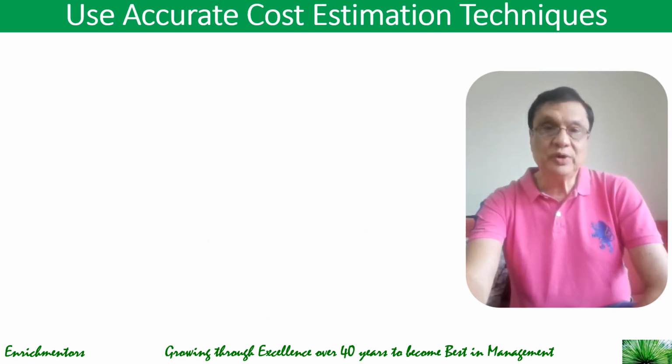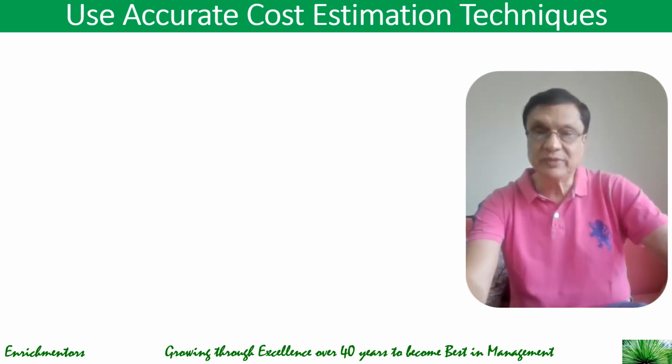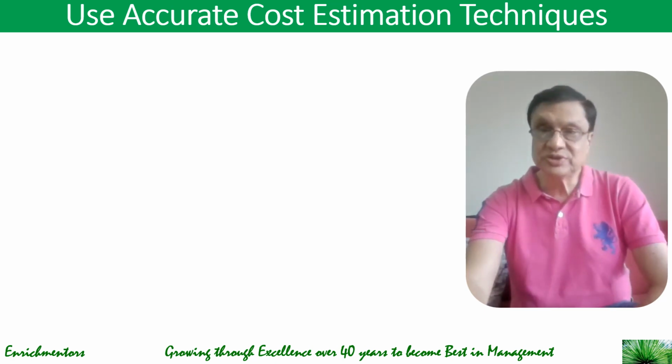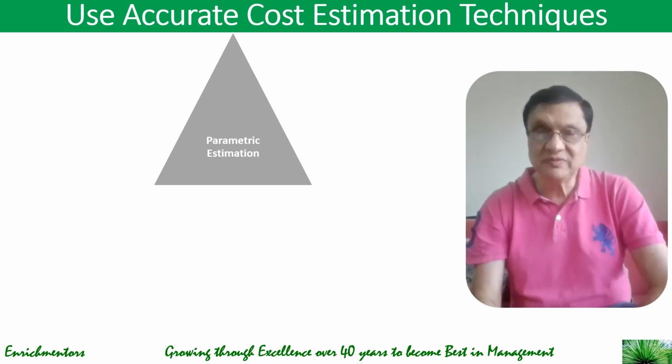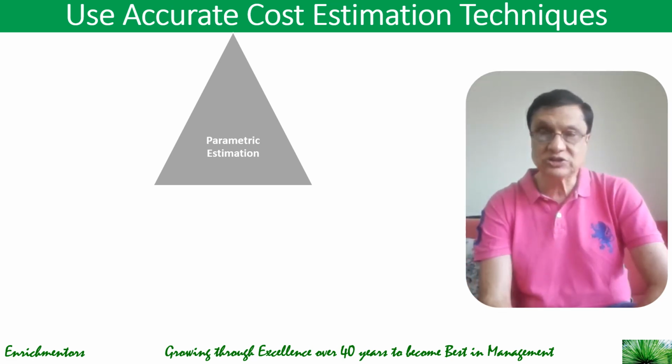Then to do that, you need to use accurate estimation techniques, because your budget will be as good as the accuracy of the cost estimates. And that you can do by using parametric estimation, where you use mathematical models based on historical data, like cost per square feet.